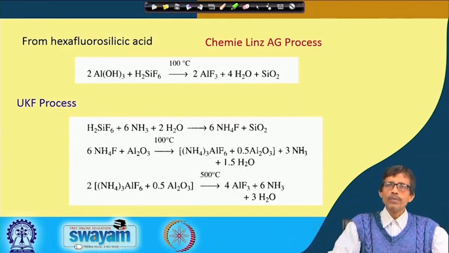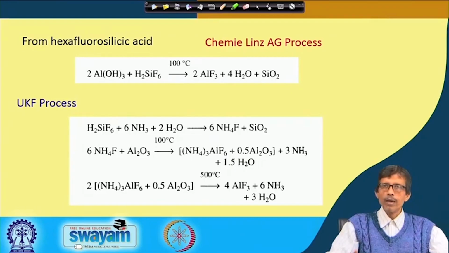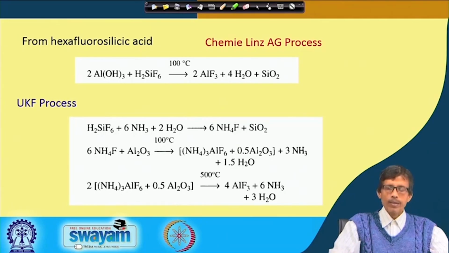It is the nature of that reaction, controlled by its thermodynamic or kinetic character, that it will stop there. Basically, you cannot remove the entire amount of Al2O3. So, some amount of Al2O3 will still be there.